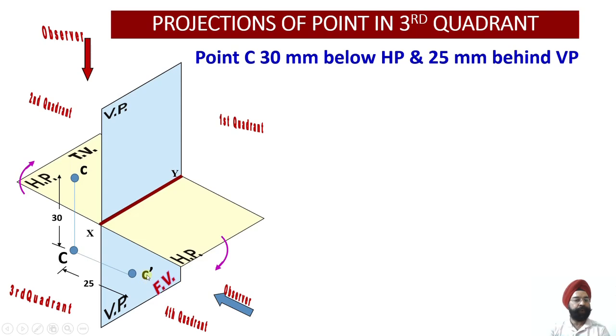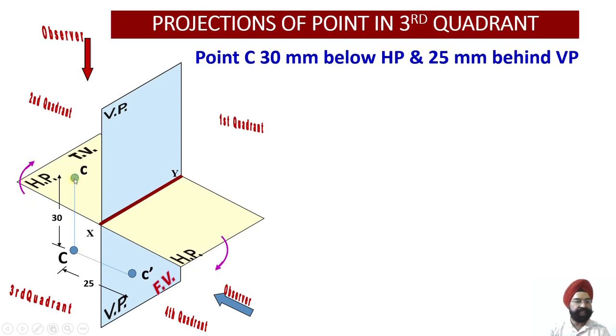Now you see we have obtained the front view over here on the vertical plane, which is below the xy line, but the top view we have obtained on the horizontal plane. So both these projections are falling in mutually perpendicular planes. I want to draw it onto a 2D plane or a computer screen. So again, this rotation of the HP has to follow.